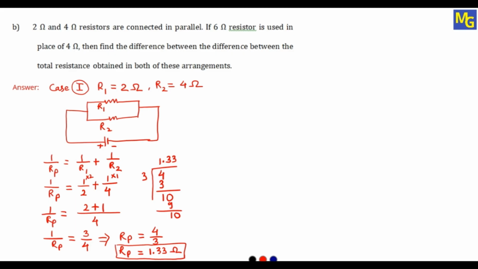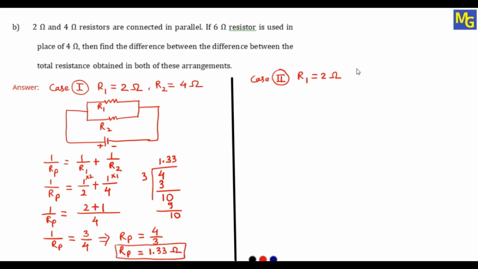Now we will solve the second case. I'll write it here, case 2. In case 2, what we have to do? We have to take R1 as usual, R1 is equals to 2 ohm.